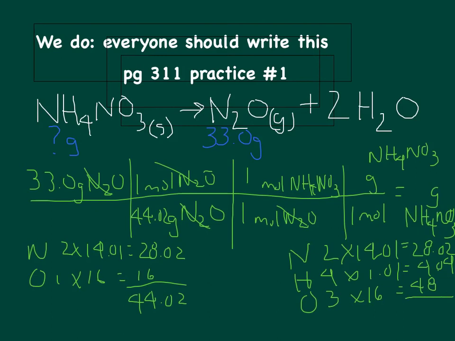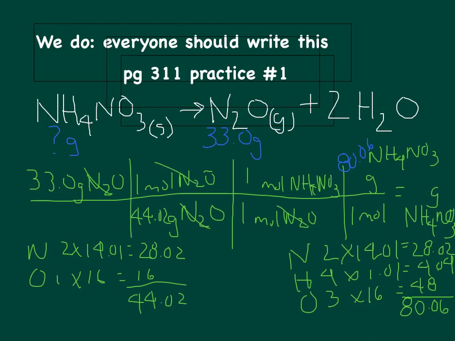If I add that up, I believe that you get 80.06. So that's the number that goes on the top up here. I'm going to get a different color so we can see that clearly. 80.06. That's the top gram number.